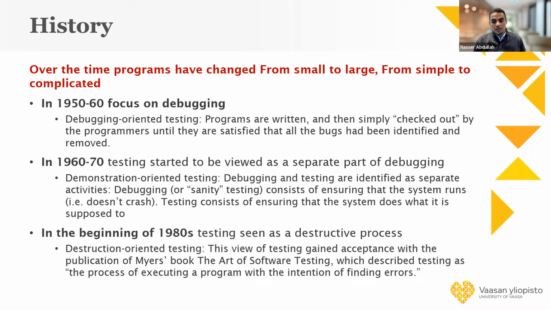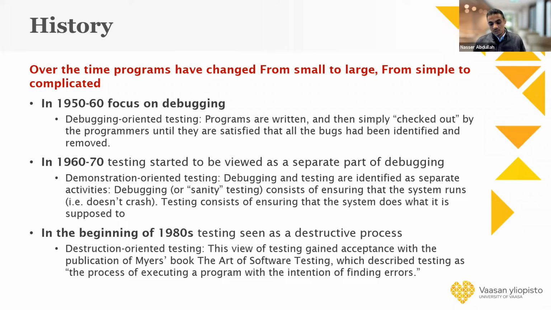Previously, in the 50s and 60s, a person who was able to write simple programs, a small number of lines of code, could be considered an expert. But now machines can write hundreds of lines with only one click of a button. That's why software testing has also changed over the times.